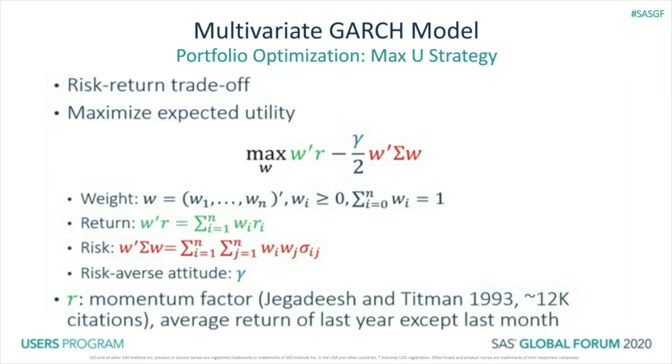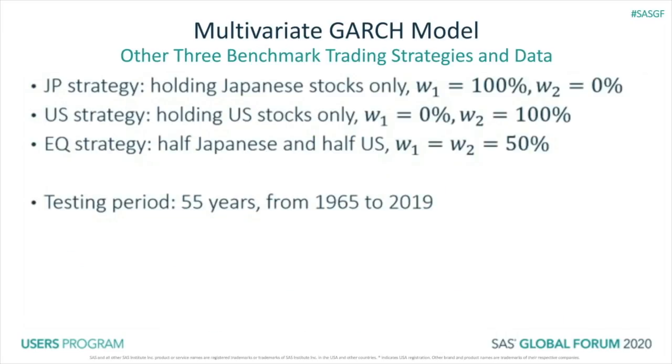For the return, we use the momentum factor, from a paper that is cited more than 12,000 times. For the volatility part, the big sigma, we use what we get from our DCC-GARCH model.